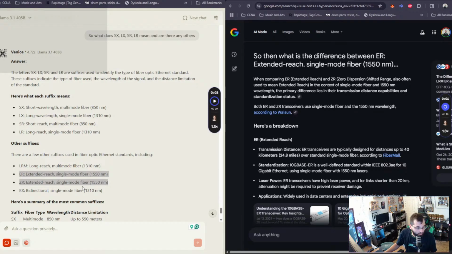Oh, it doesn't label the distance right here. And standardized. Use single mode fiber.